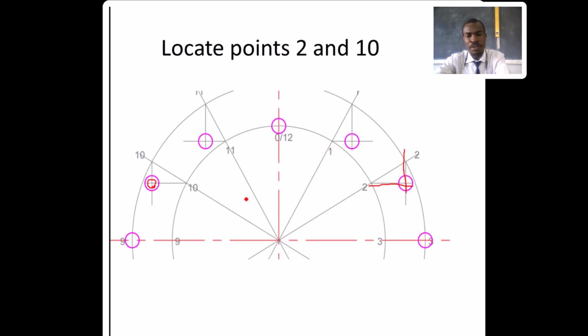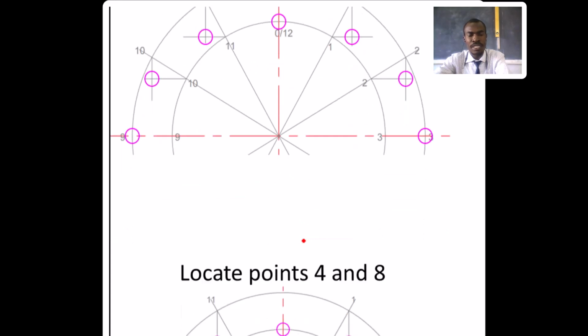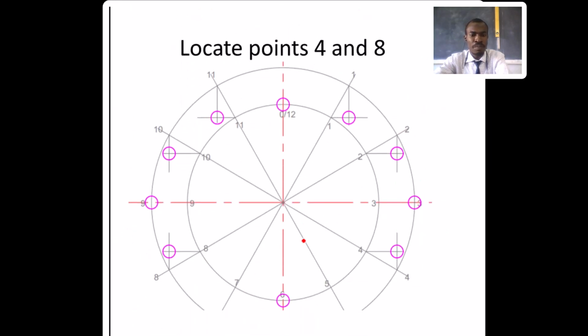So we need to go below the horizontal center line. The first 2 points will be point 4 and point 8. When we talk about point 4, again, where the dividing line passes through the smaller circle, you draw a horizontal line, and a vertical line where the dividing line passes through the bigger circle. Where those two meet, you have point 4.